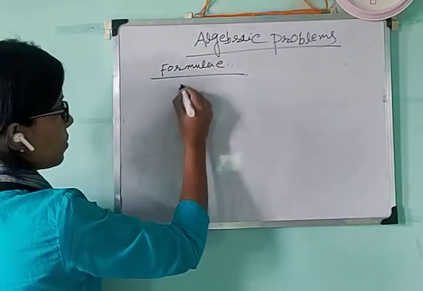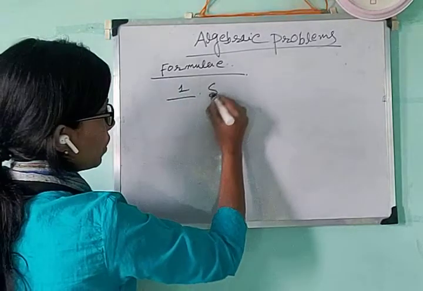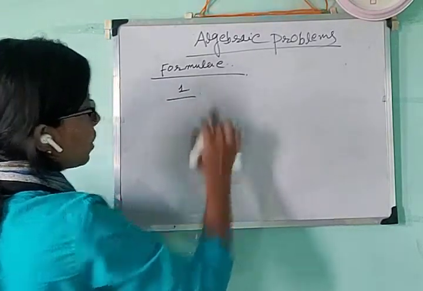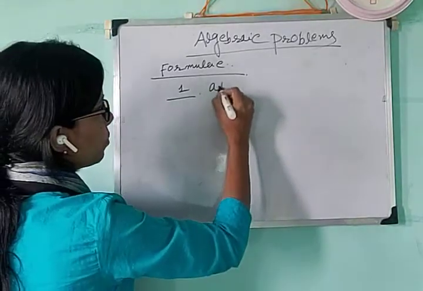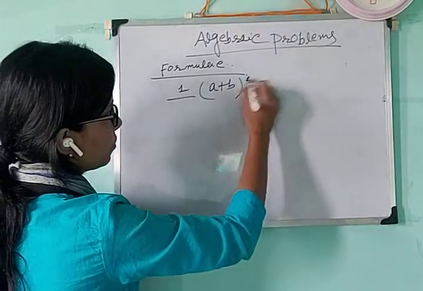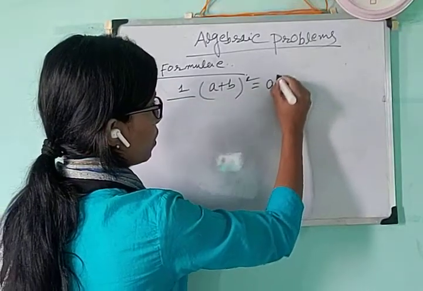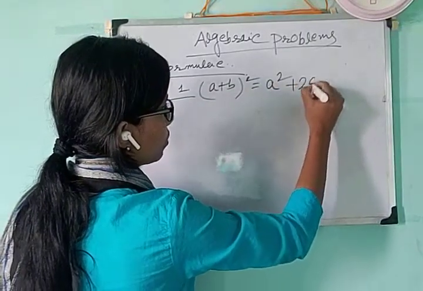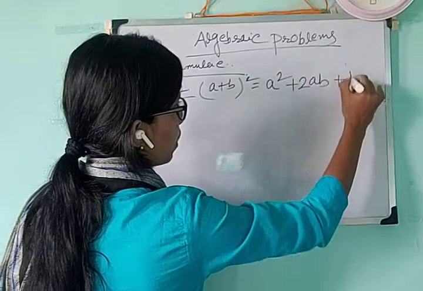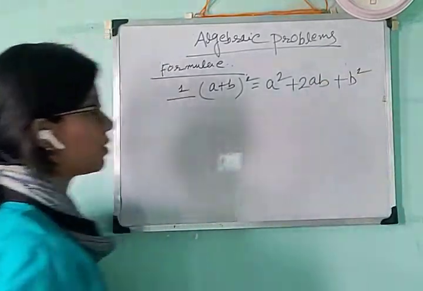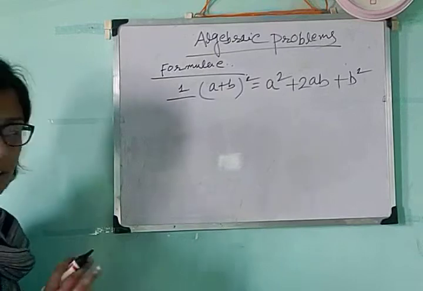The simplest algebraic formula you have read is a plus b whole square equal to a square plus 2ab plus b square. This is the simplest algebraic formula.